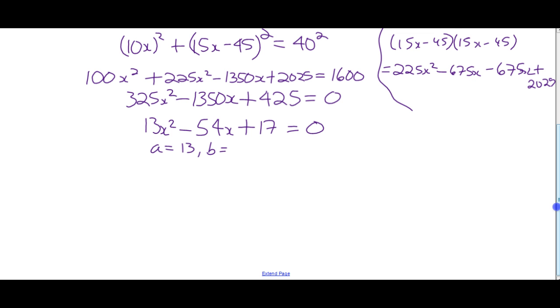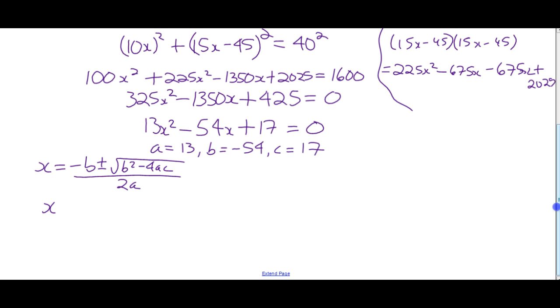So a equals 13, b is negative 54, c is 17. Formula: x is equal to negative b plus or minus the square root of b squared minus 4ac, all over 2a. Substitution.